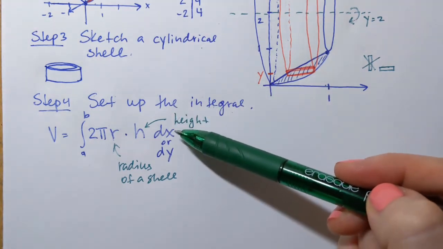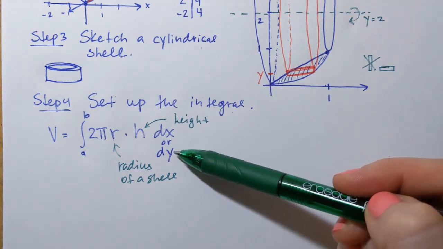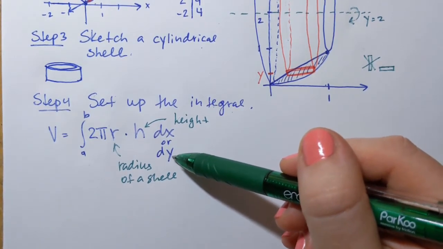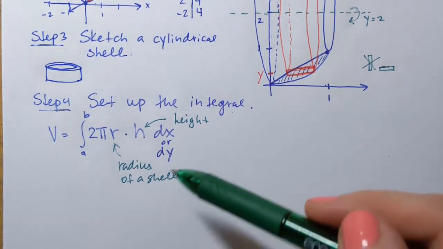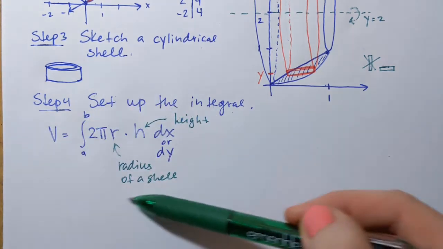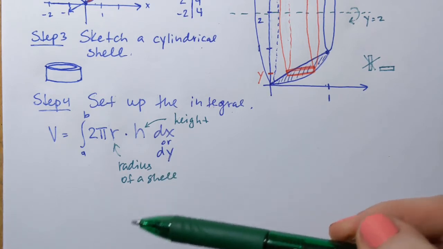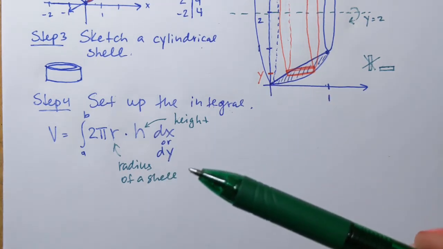And here we'll either have dx or dy. So depending on the situation, we either have to integrate in terms of x or in terms of y. Okay, so that means that now we have to get all those pieces together and set up the integral that will find the volume for the object here.